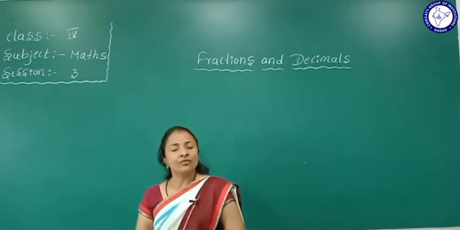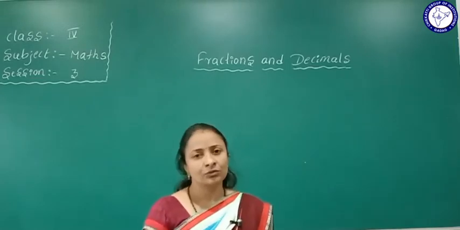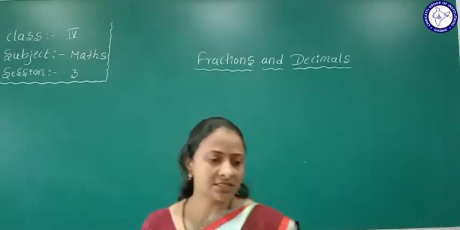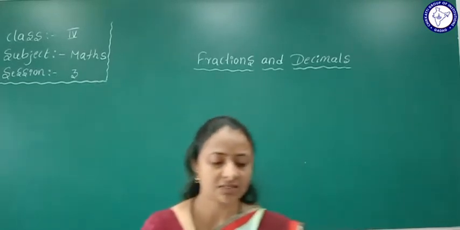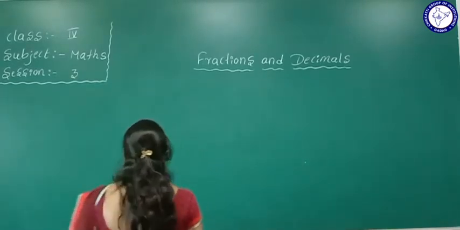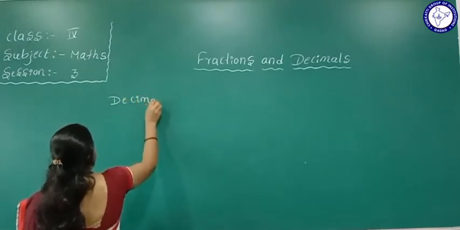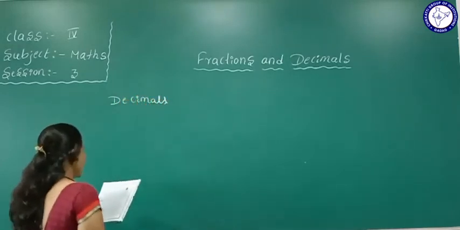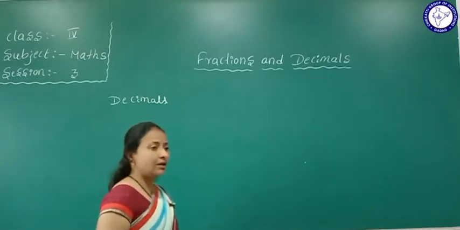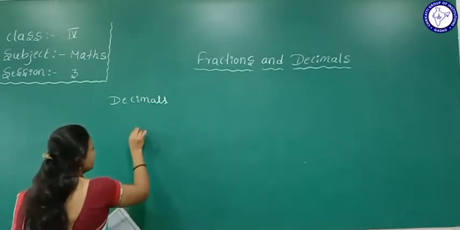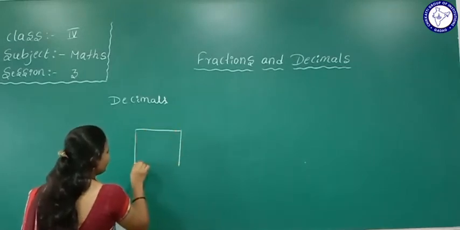Yes, we already learnt about fractions. Today we will learn about decimals. Okay, so here see students, first we are going to decimals. Take for example one sheet. This is one sheet.